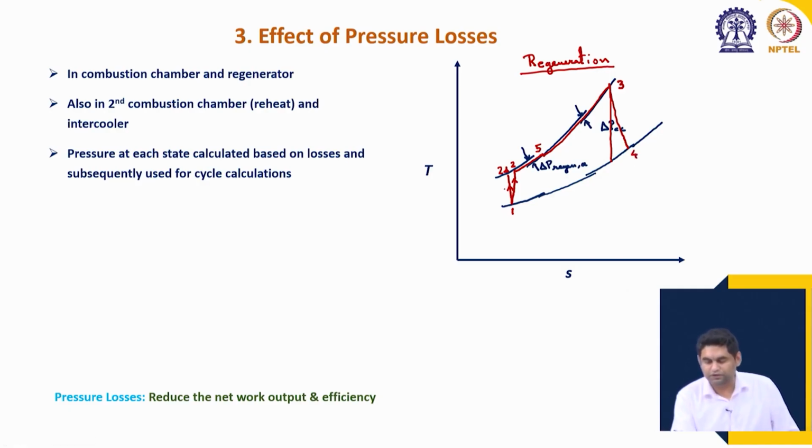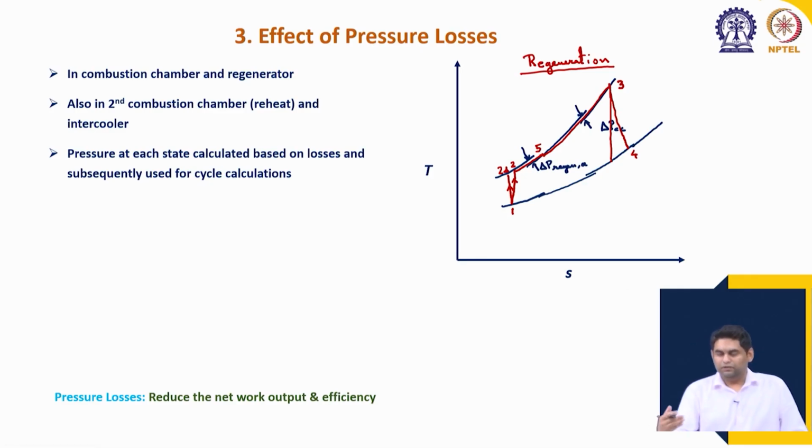If the compressor pressure ratio is, let us say, 10, then for the turbine, because the pressure at the regeneration process itself is slightly lower, maybe 2 to 3% lower, and then in the combustion chamber again 3 to 4% lower, the overall pressure ratio will be slightly lower than 10. So, we get less work output from the turbine, although the compressor work remains the same.